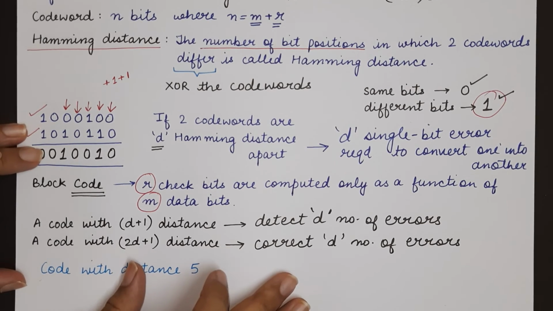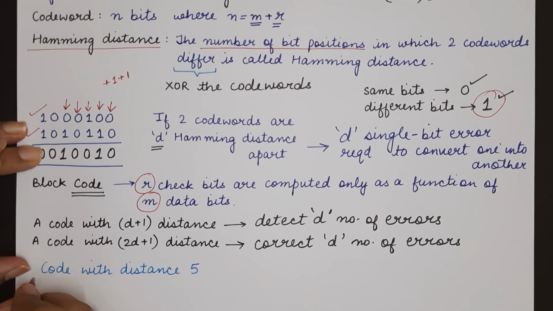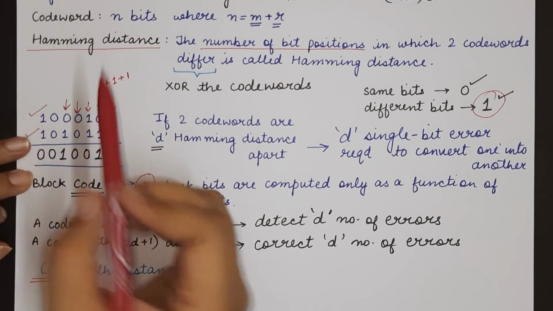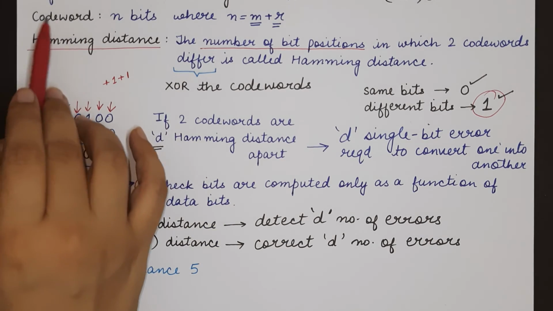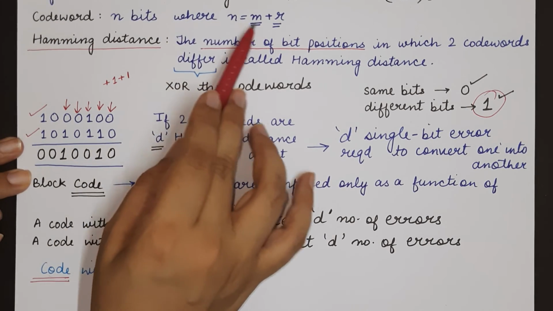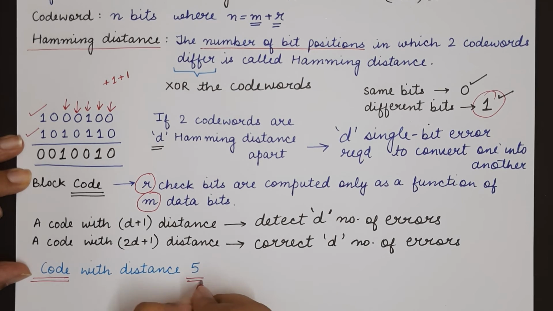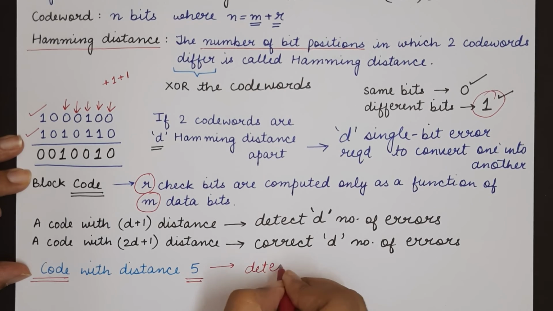But for now, be careful with these terminologies. A code word is not equal to a code. A code is an error correcting or error detecting code, whereas a code word is a combination of M and R bits.